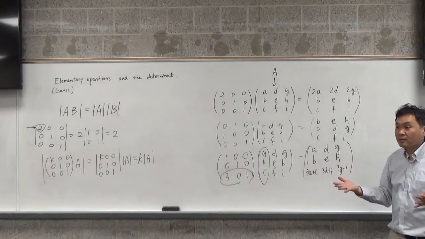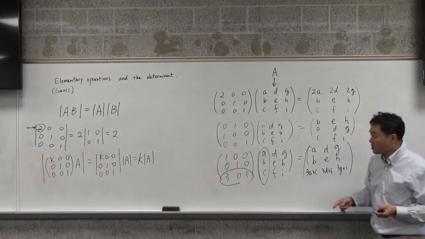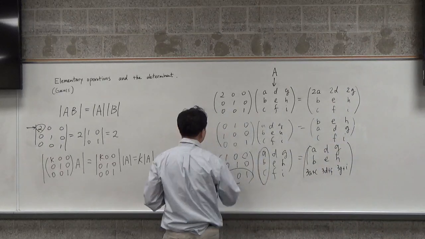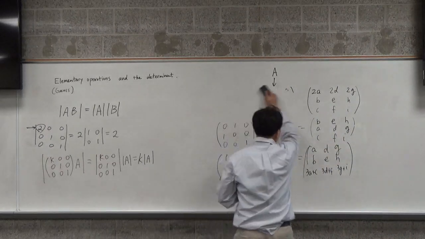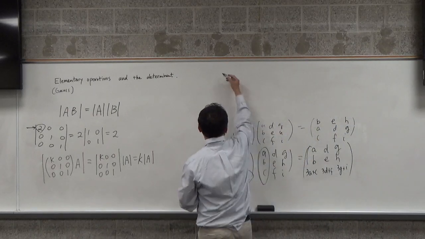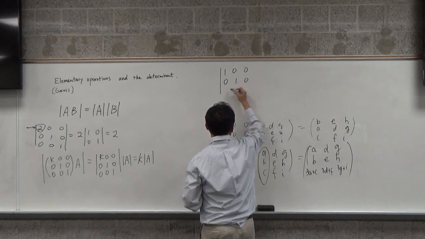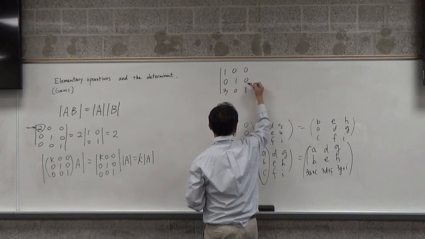Okay? Right. Now the mysterious thing is this third one. Let's try to calculate the determinant of this thing. Determinant of 1, 0, 0, 0, 1, 0, 3, 0, 1.